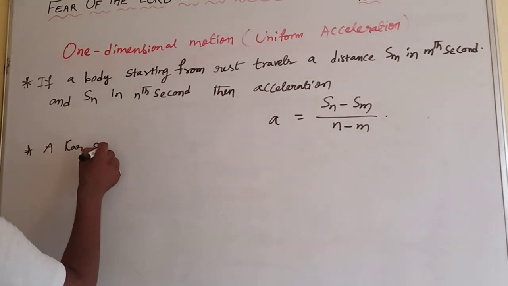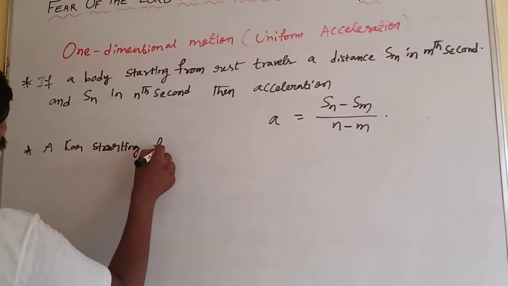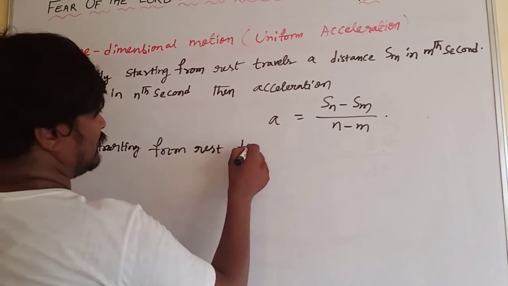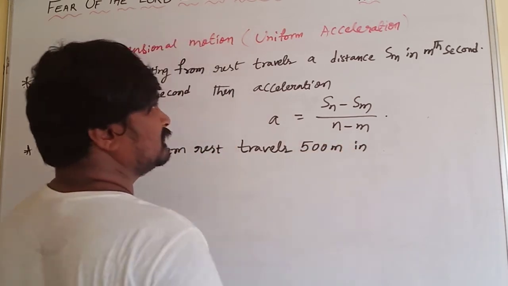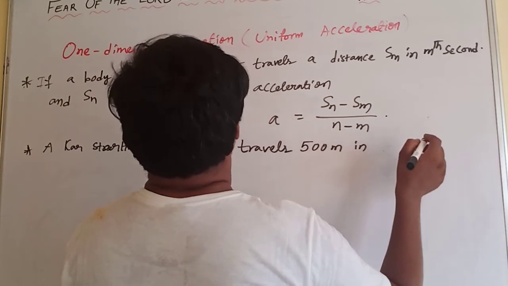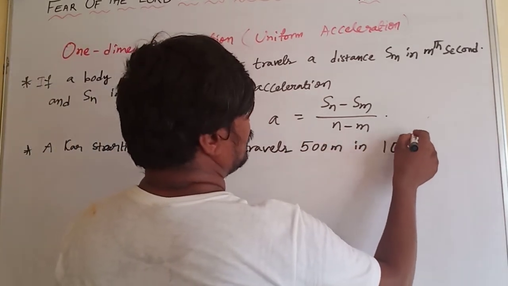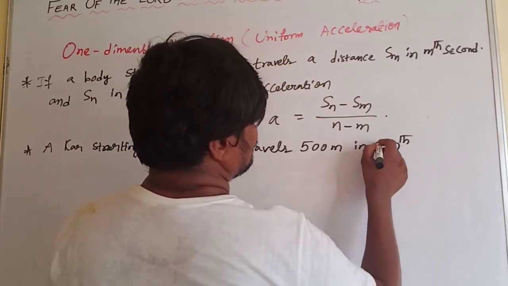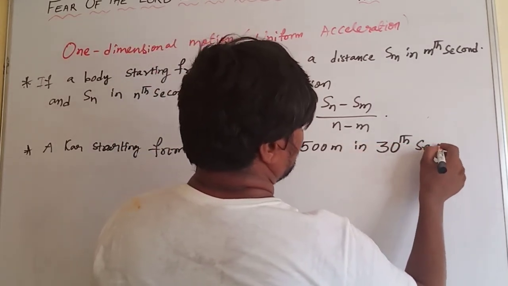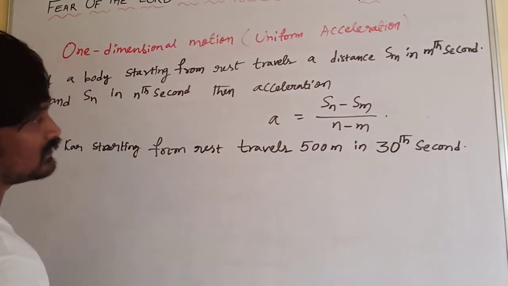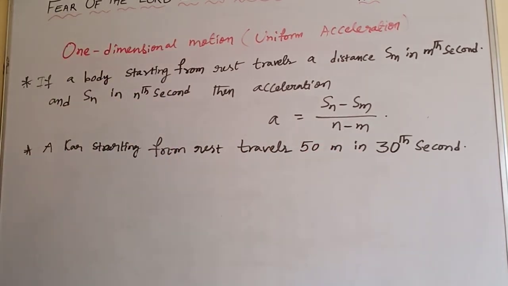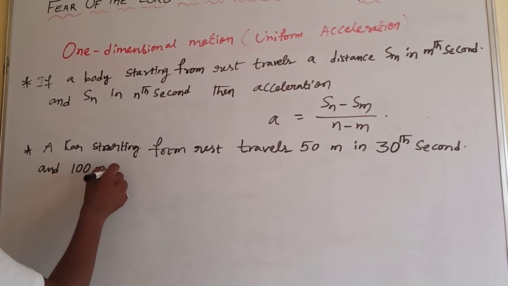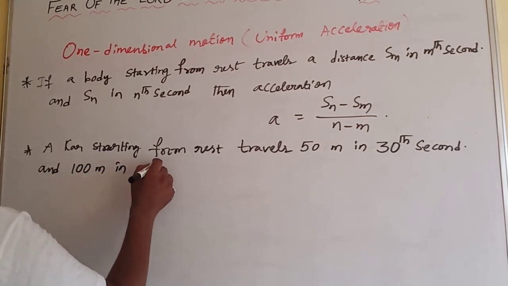A car starting from rest travels 50 meters in the 30th second and 100 meters in the 50th second.